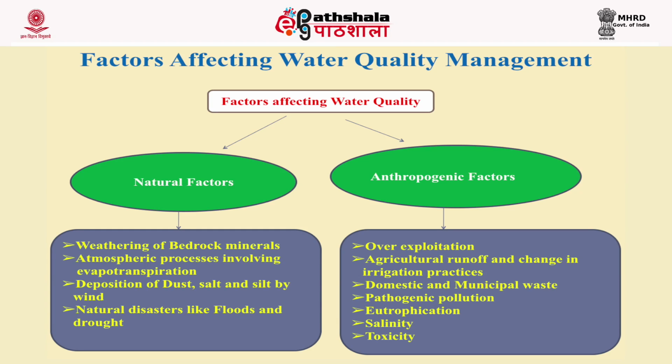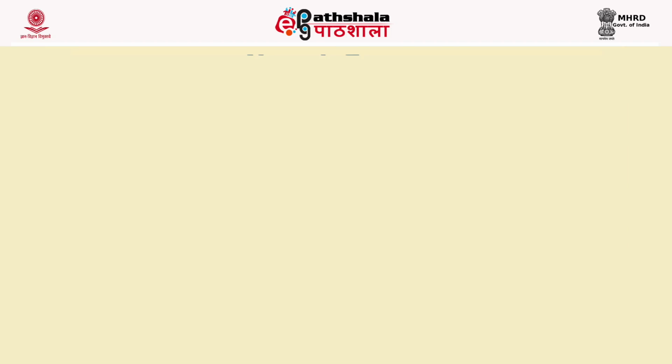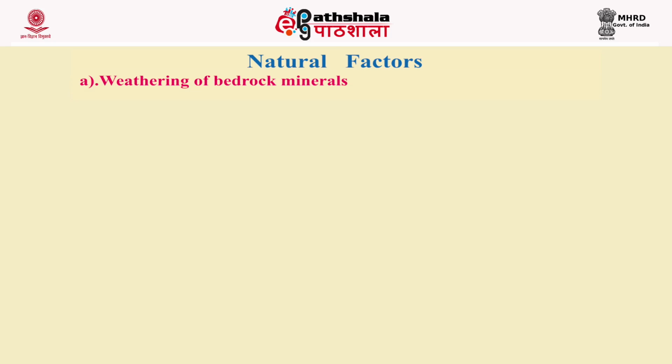Whereas anthropogenic factors include overexploitation, agricultural runoff and change in irrigation practices, domestic and municipal waste, pathogenic pollution, eutrophication, salinity and toxicity. First one is weathering of bedrock minerals.